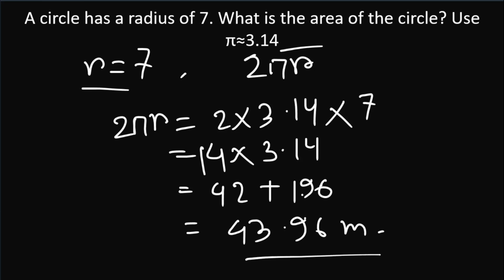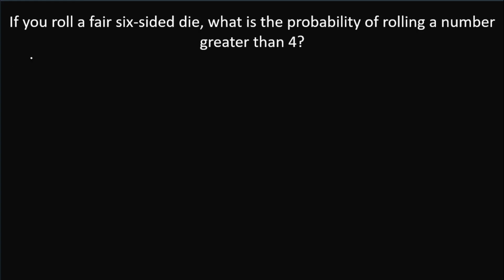So now come to another one. So let's come to another problem. If you roll a fair 6-sided die, what is the probability of rolling a number greater than 4? So a fair 6-sided die means we will get 1, 2, 3, 4, 5, and 6 here.